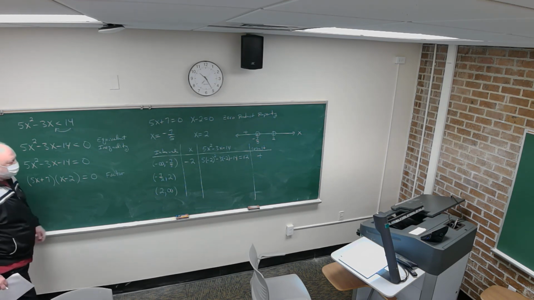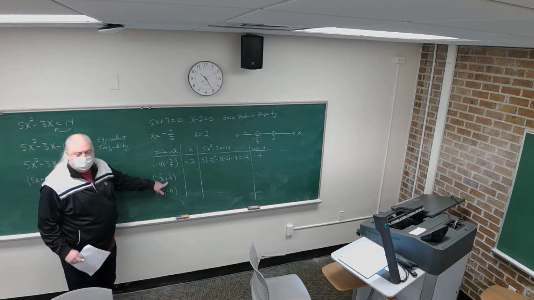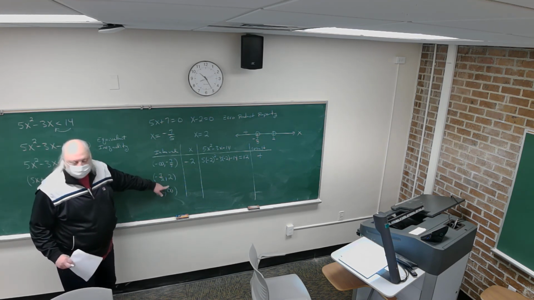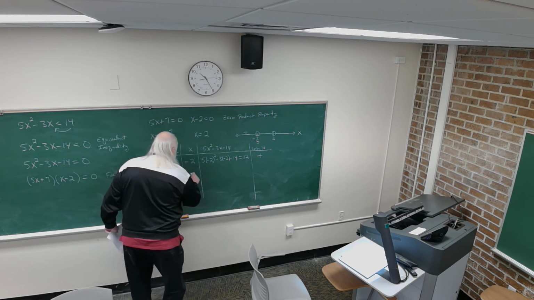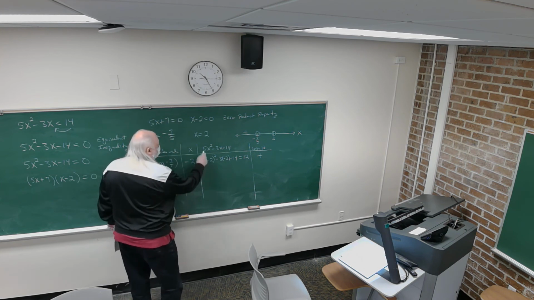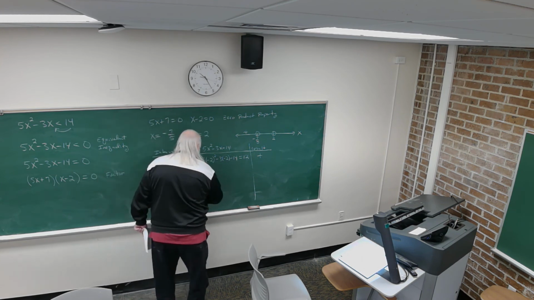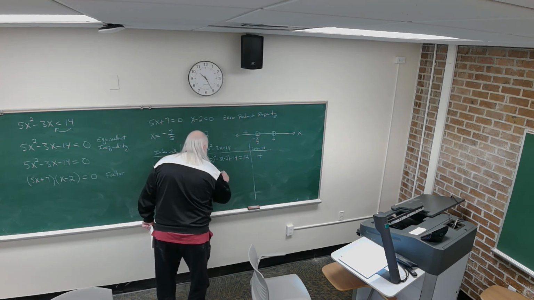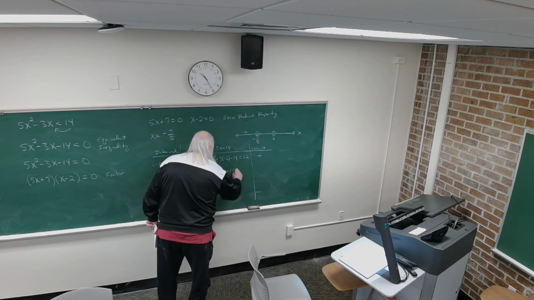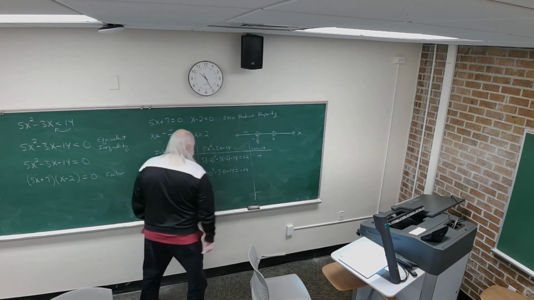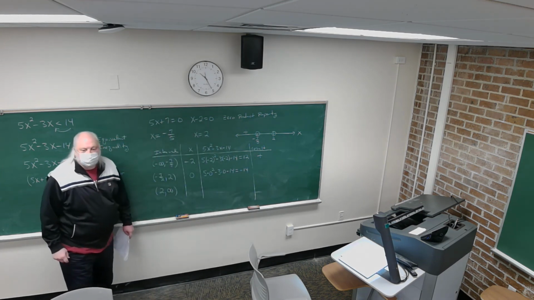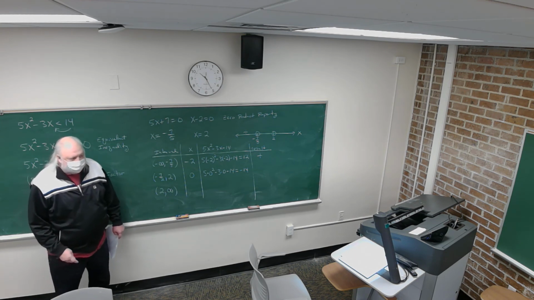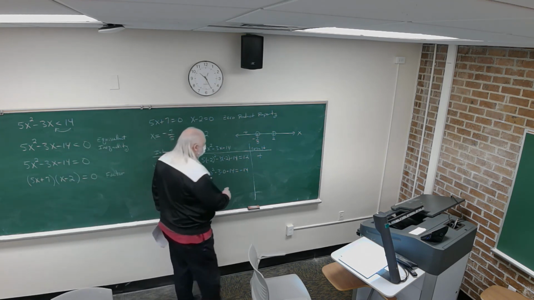In the second interval, from minus 7/5 to 2, that contains the number 0. 0 makes a good test point. And so when I put 0 in for x, I get 5 times 0 squared, minus 3 times 0, minus 14, which is just equal to minus 14. That's a negative number, right?